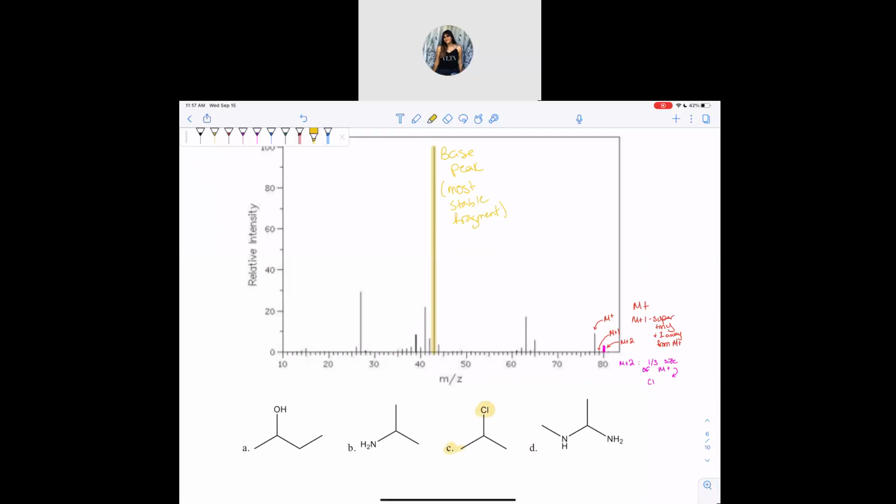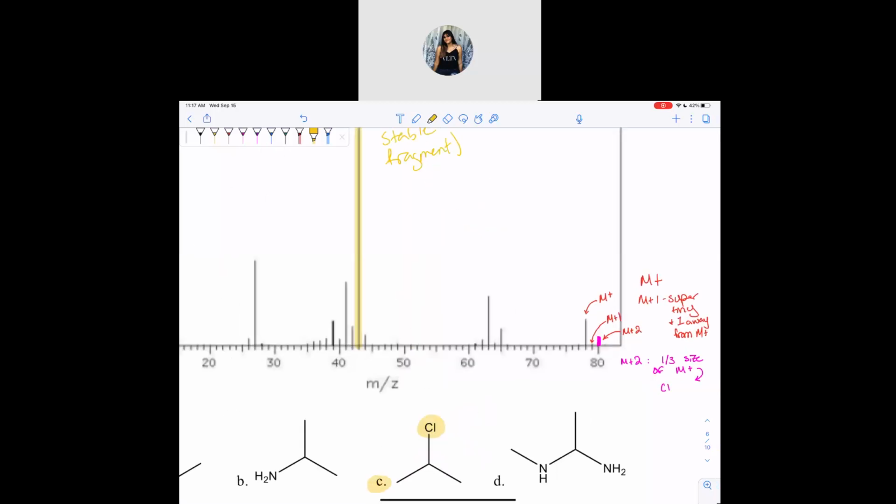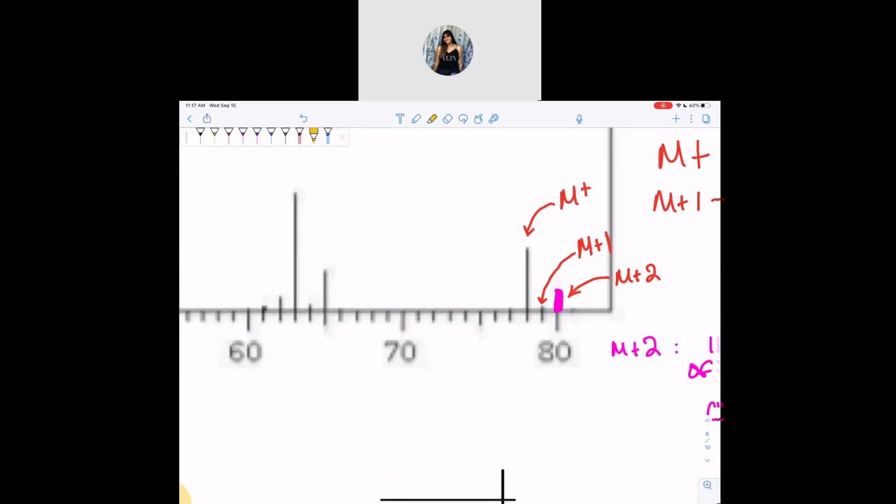Now he gave you 2 answer choices with nitrogens. I guess he was trying to trick you a little bit. So how do we know if a nitrogen is present? Well, when our M+ peak is on an odd number, we have an odd number of nitrogens present. So let's see. If our M+2 is at 80, that means M+1 is at 79, excuse me, and the M+ is at 78.